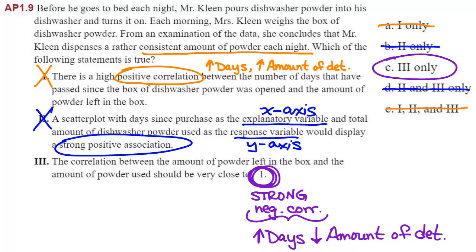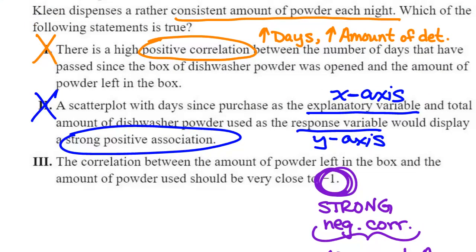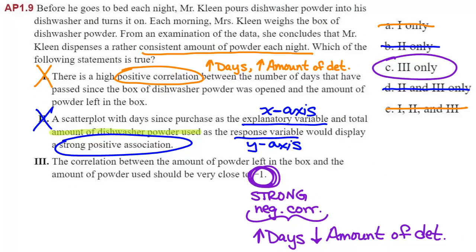It says that 1.9 is B, 2 only, D, 1, 2, and 3. High positive correlation. 2 and 3. Scatter plot with days since purchase as the explanatory variable. Oh, sorry. Yep. Amount of powder used, not amount of powder left. My apologies. So if I was plotting how much got used up, not how much was left over.